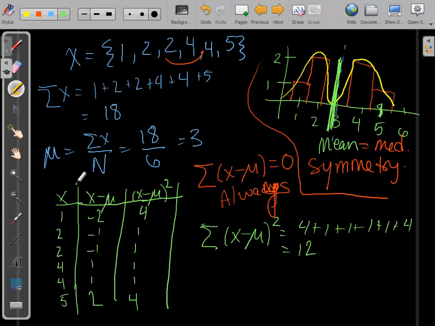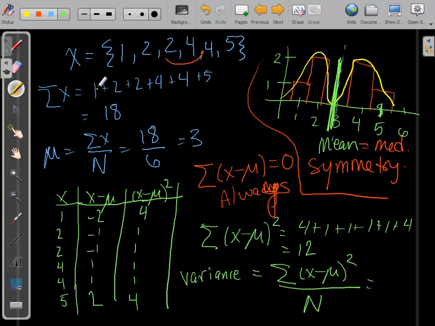So we define the variance. In our case, it's going to be the sum of x minus mu squared over the population. In other words, again, we're finding the average, right? If we look back up here at the mean, this is taking the sum of observations and dividing by the number we have.